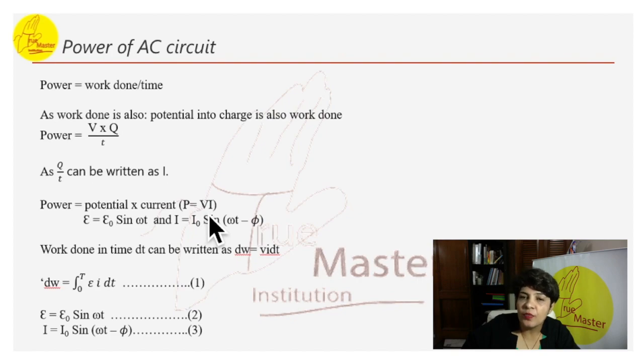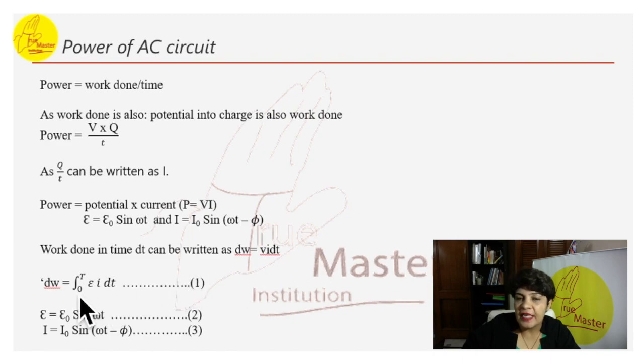Potential can also be written as E equals E naught sine omega t. I can also be written as I naught sine omega t minus pi. So work done in time dt can be written as dW equals V I dt.